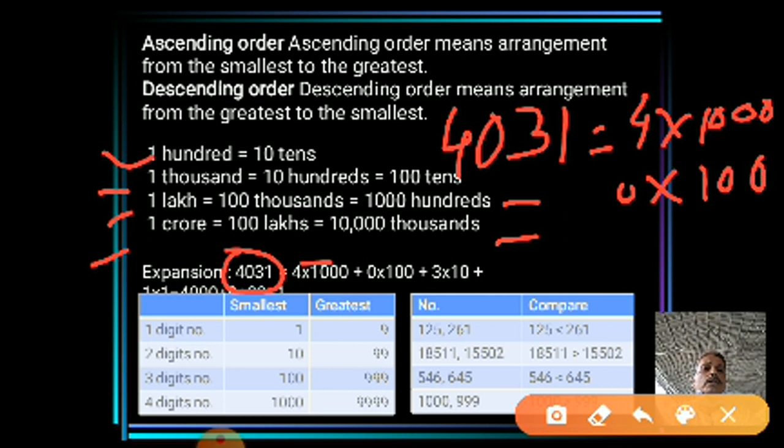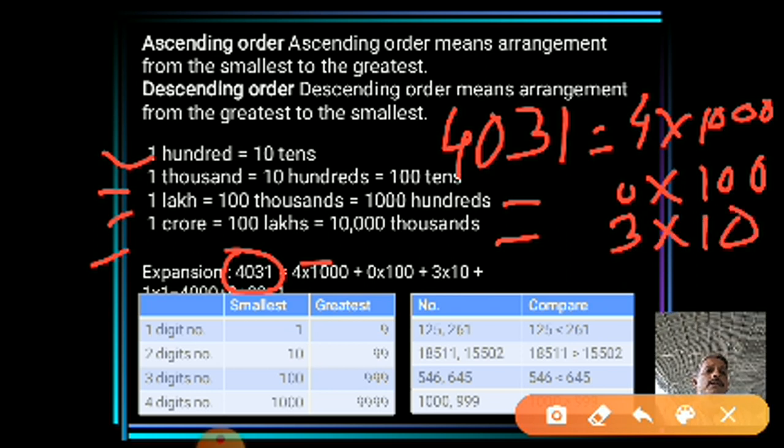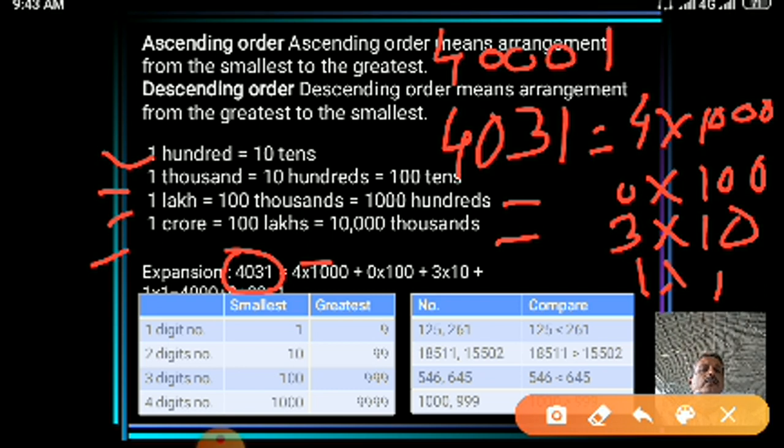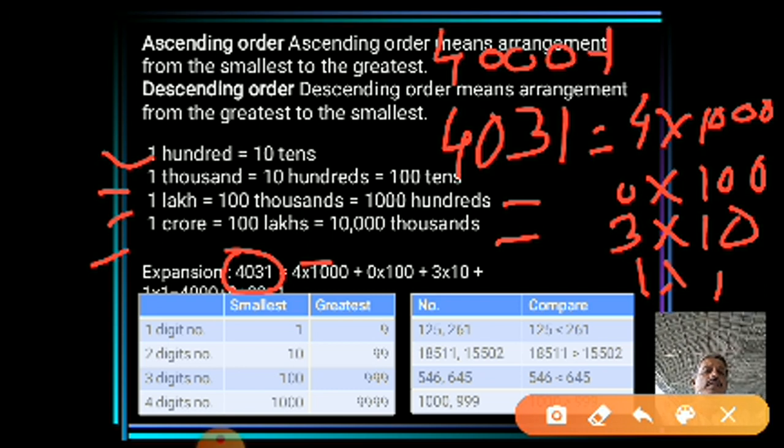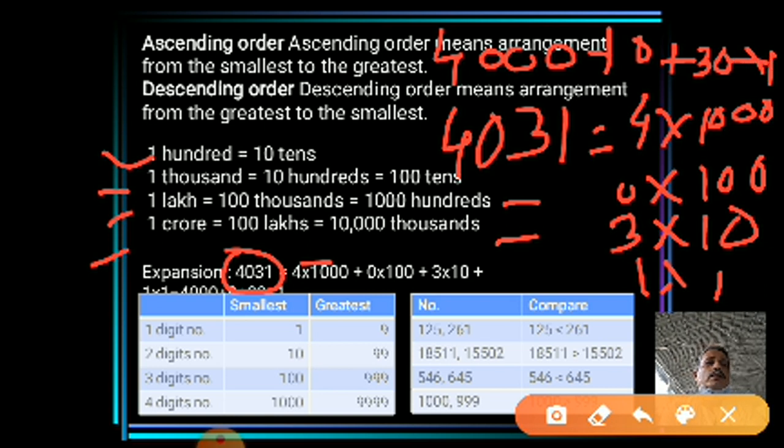Third number is 3, but it is in the 10 place, so multiply with 10, and one number is in the 1 place, that is 1. Here it is written downside. Now multiply 4 into 1000, that is 4000, plus 0 into 100, which I just explained is always 0, and 3 into 10 is 30, and last 1 into 1 is 1. So the number becomes 4031.